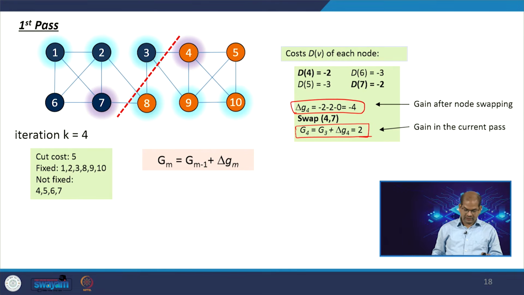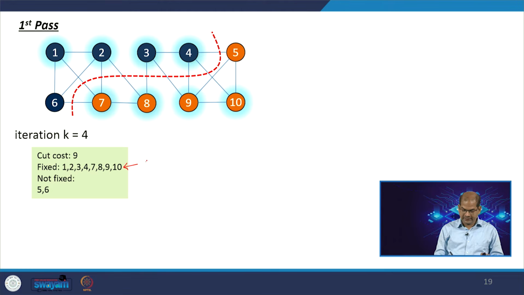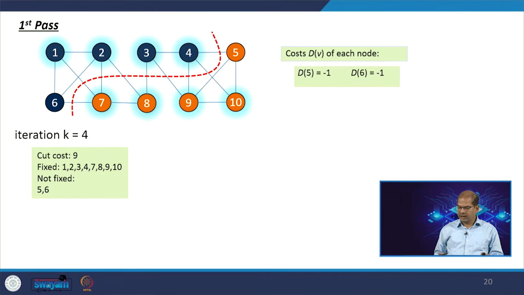So, after doing this pass, all of the nodes which are fixed is basically 8 nodes, and 2 nodes are not fixed. Then I need to calculate the D for the 2 nodes.